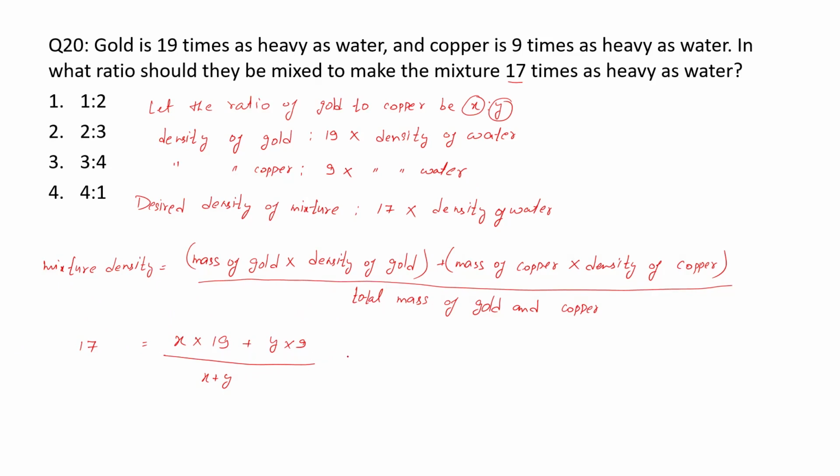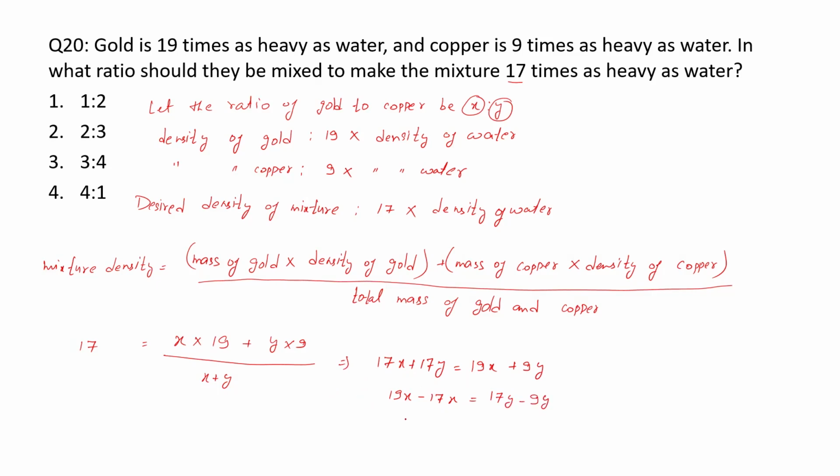Now you have to solve this. So 17x plus 17y is equal to 19x plus 9y. So you just have to compute x upon y. Take x on one side and y on the other side. So 19x minus 17x is equal to 17y minus 9y.